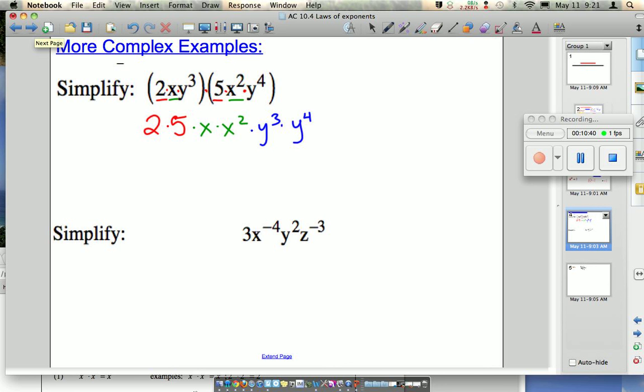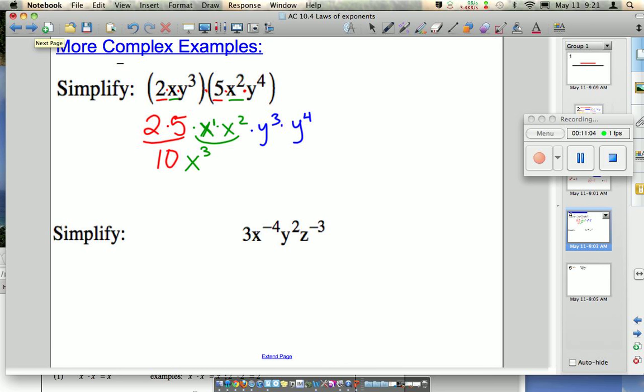Now I can simplify, because I know that 2 times 5 is 10. The next thing I know is that I look at how many x's I have. It looks like I'm multiplying 3 x's, because this is 1x. Even though we don't write the 1, it is x to the first power. So altogether there are 3 x's here. So that means I have x to the third power.